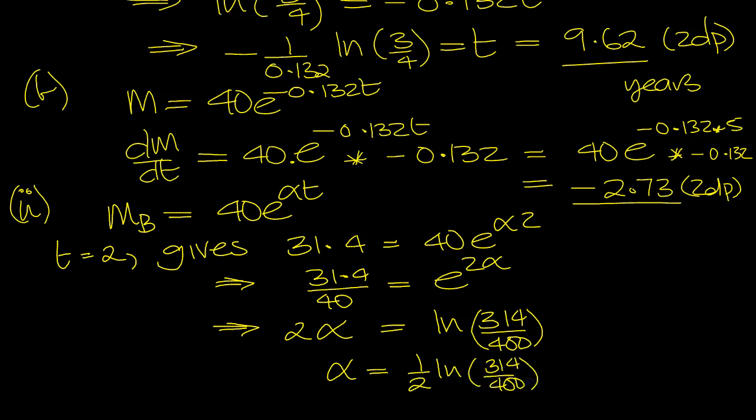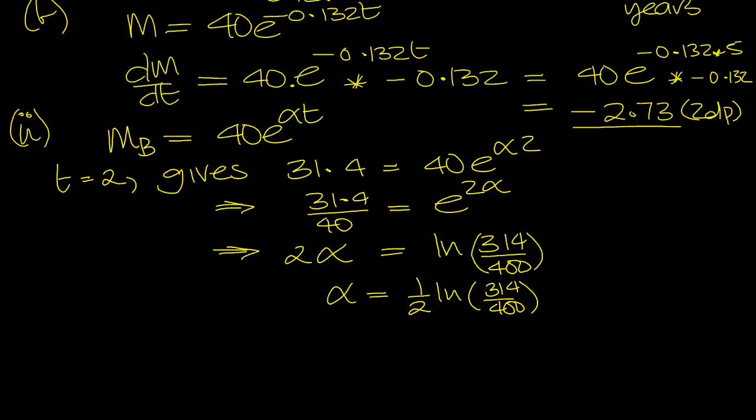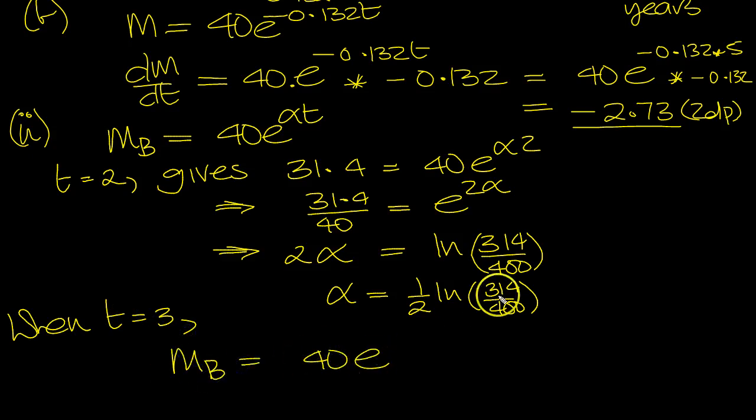Okay, that's alpha. So when t is 3 then, when t equals 3, mass of B is equal to 40 e to this value times t, which is 3.